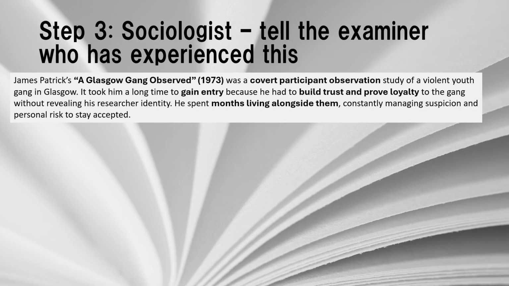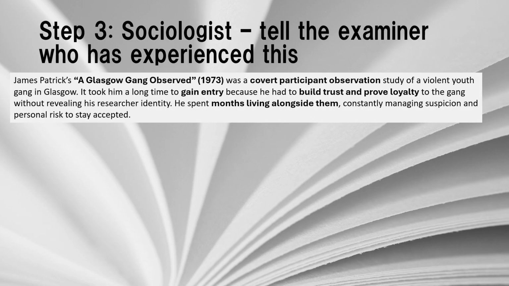Step 3 is add the sociologist. We need to think of a sociologist that used a qualitative method which took ages. So I've got James Patrick. He did a study called A Glasgow Gang, and it took ages because it was covert. So you're going to name a qualitative method here, covert participant observation, and you're going to tell them why it took so long. He studied a violent youth gang in Glasgow.